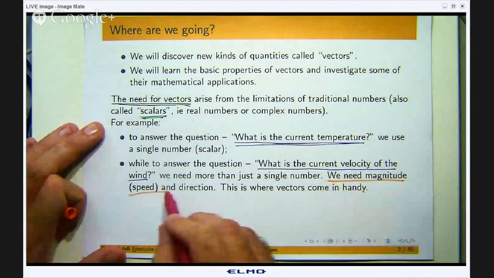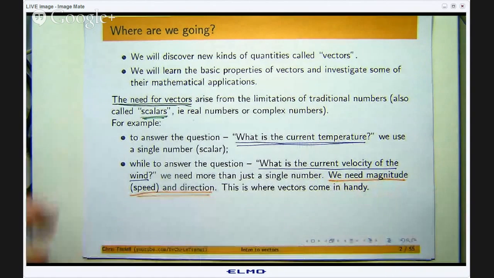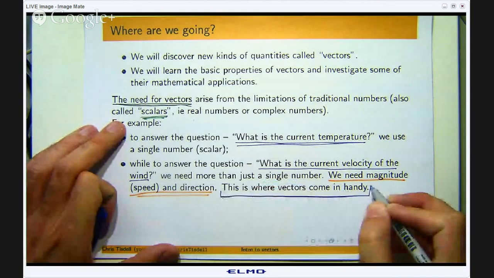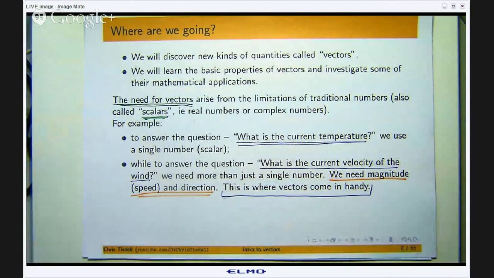Okay? So it might be 10 kilometers per hour from the southwest. Now, to describe these more complicated cases and to answer these more complicated questions, we use vectors.